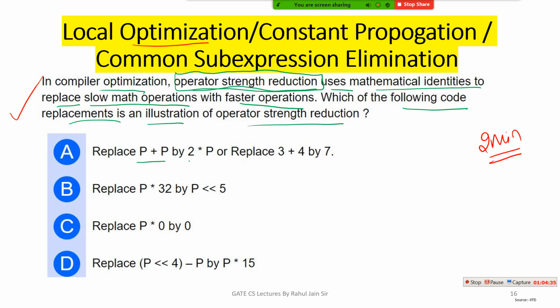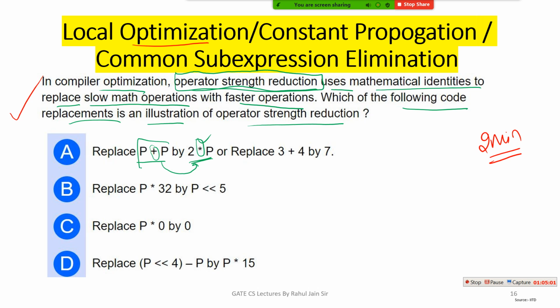P plus P, if we replace it with 2 into P, this is not going to optimize our code. It will make our code lengthier, because multiplication takes more time; the strength of the multiplication operator is higher and the strength of the addition operator is lower.